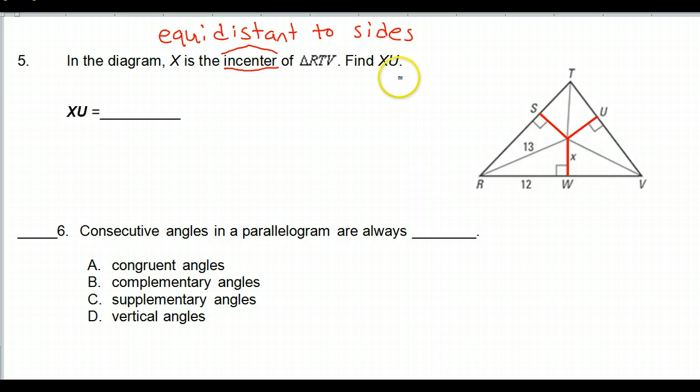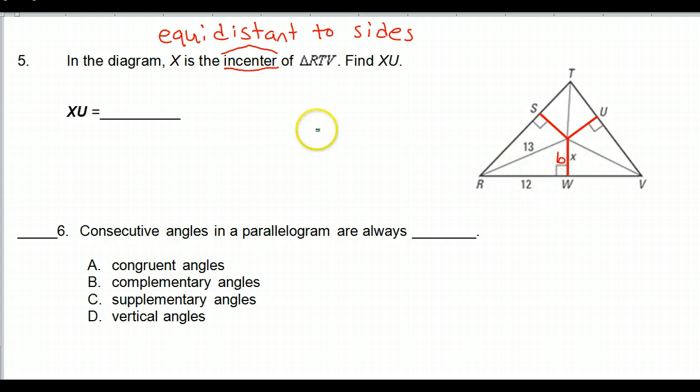They're saying find XU. Oh, X is the incenter, but then they have this X like it's a side. Anyway, a little confusing, but we can find the length of this side right here, which I'm going to call B, because that really looks like it's that, but it should be here.